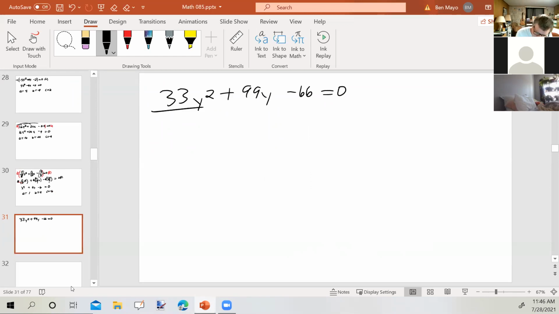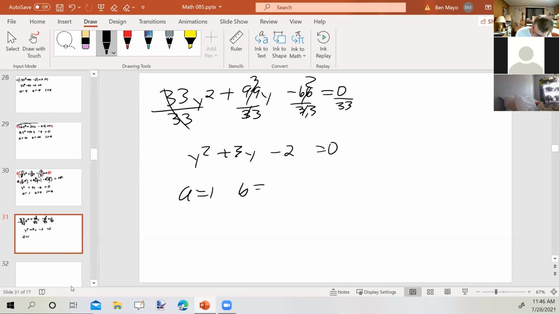So I could, in effect, divide both sides of the equation, that is each term, by 33. So now A is 1, B is 3, and C is negative 2, which you could then plug into the quadratic formula. Again, you could use the original numbers, but then you're going to get this huge, massive thing, and then you're going to have to simplify it, reduce it down anyway.